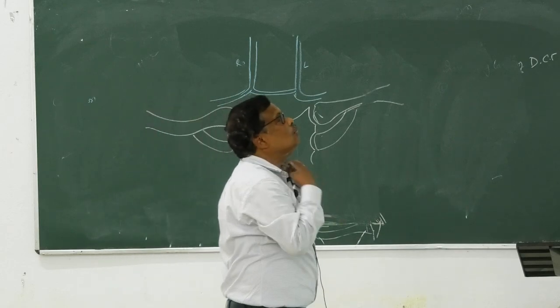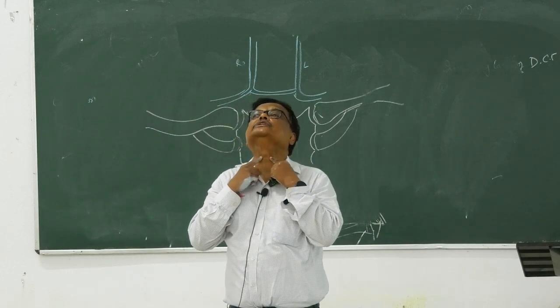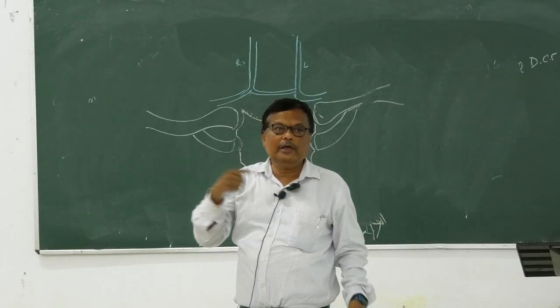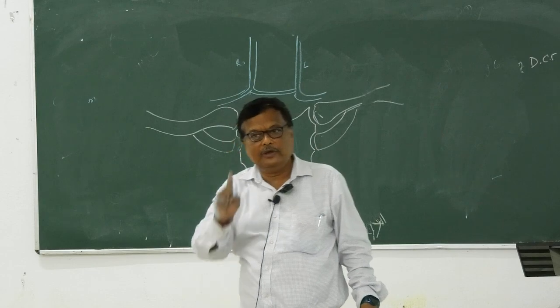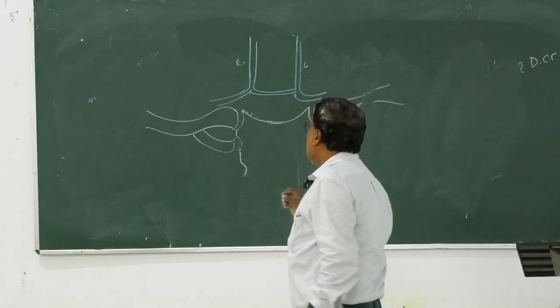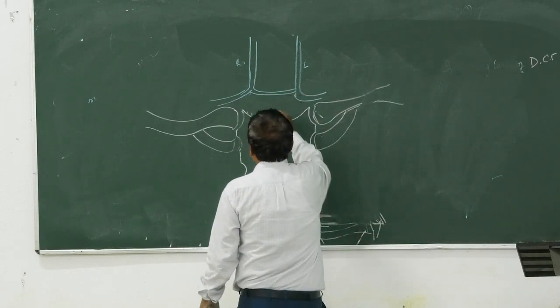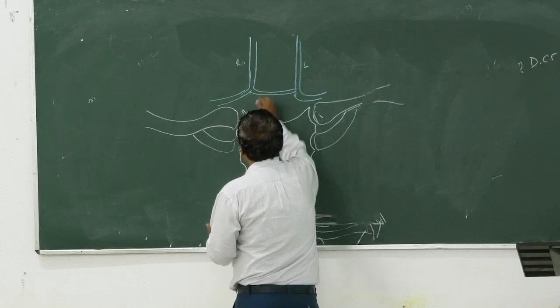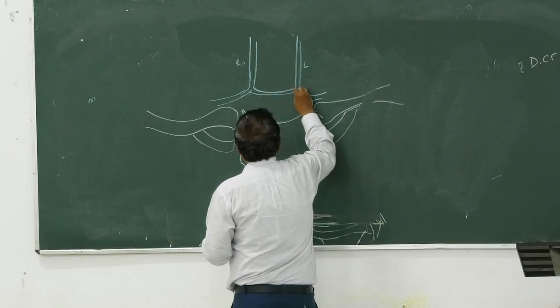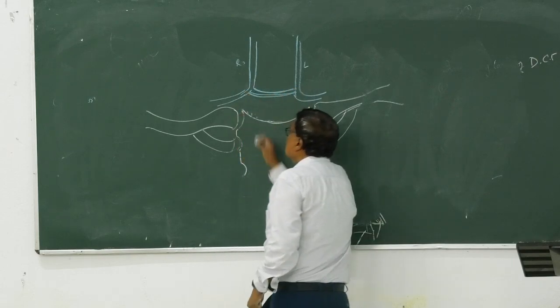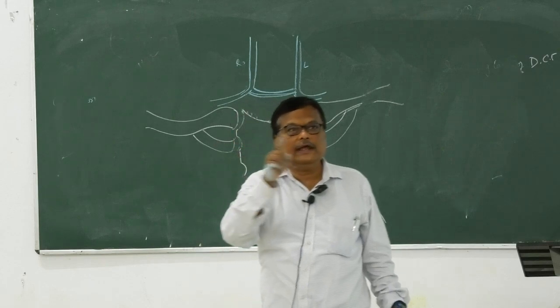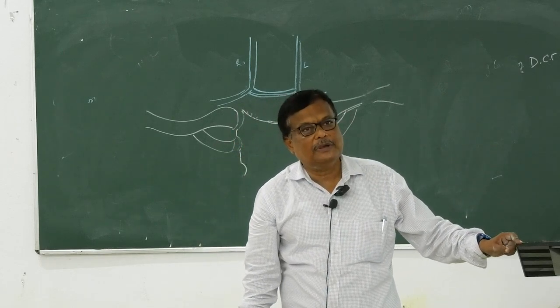So the anterior jugular vein starts from here and descends, ultimately draining into the external jugular vein. This is the suprasternal space, so the arch of the anterior jugular vein is a content of the suprasternal space.